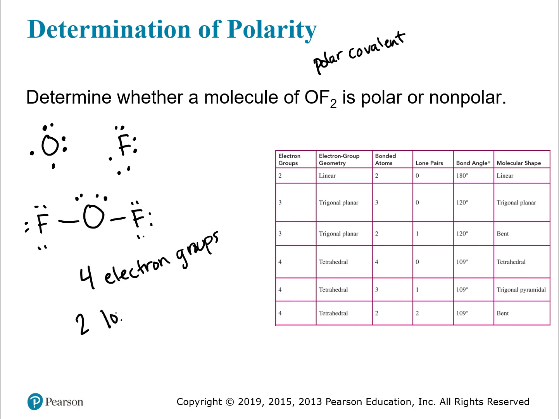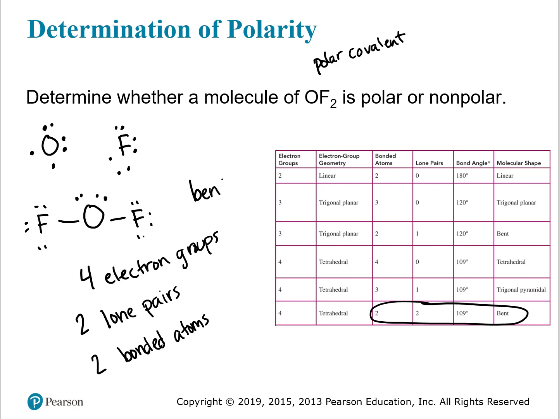Two of them are lone pairs, and 2 of them are bonded atoms or bonded pairs. That means we're going to have a bent shape.